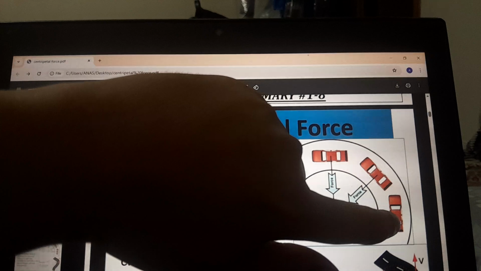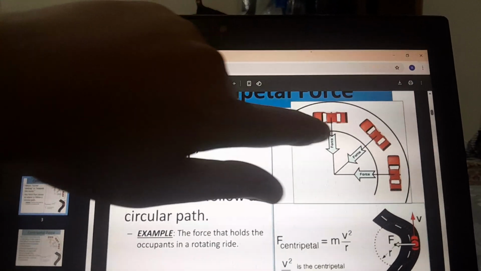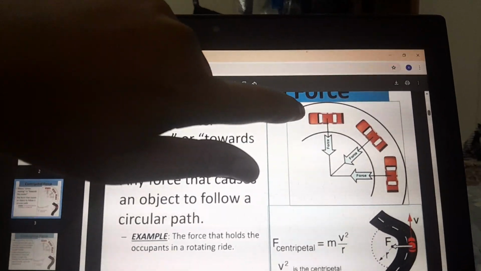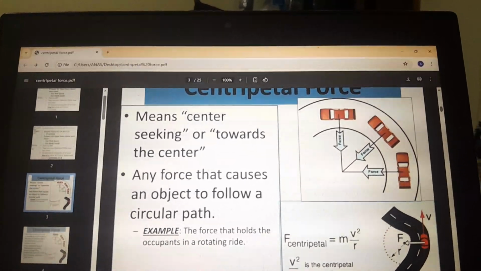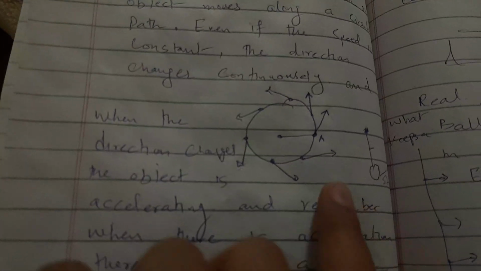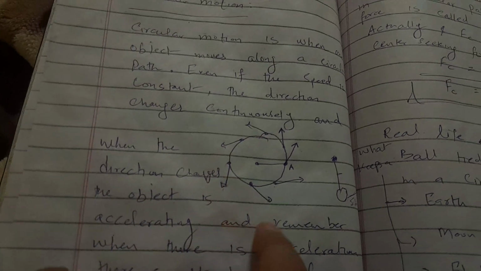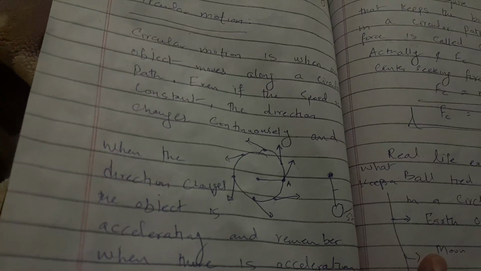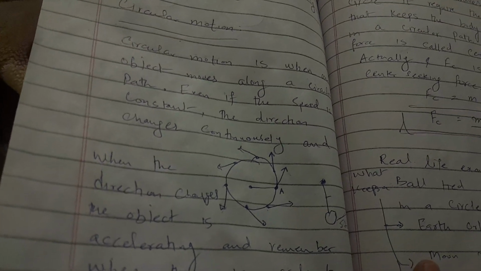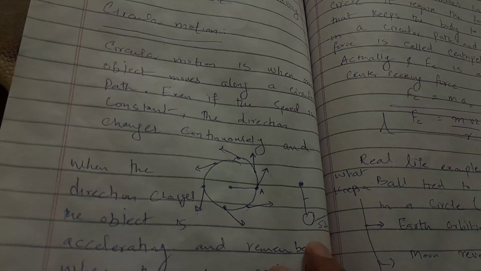At one point the direction is along the tangent this way, and here it is toward this side. So whenever a body moves in a circle, at every point its direction is changing along the tangent.